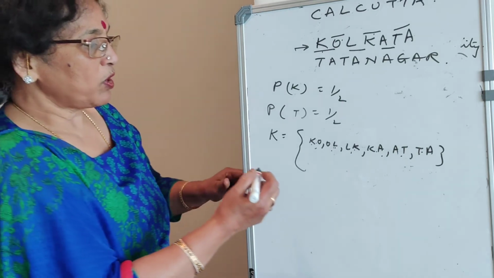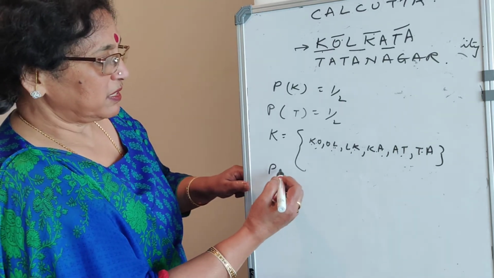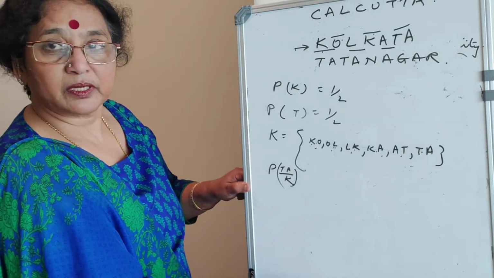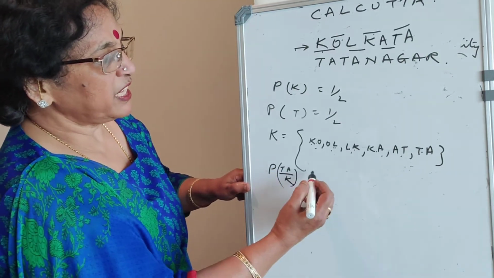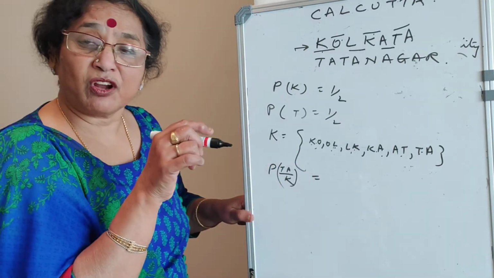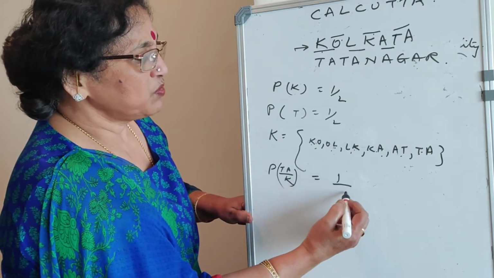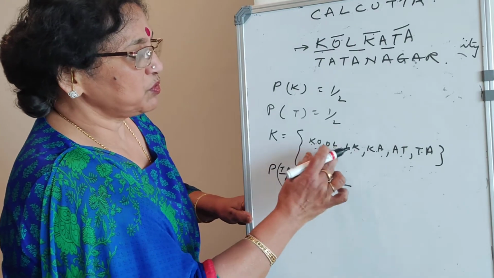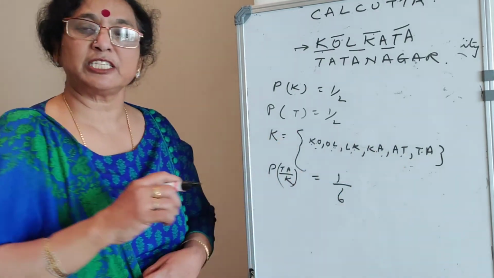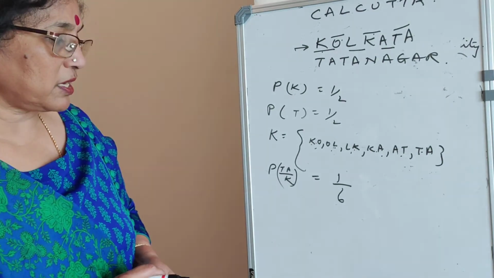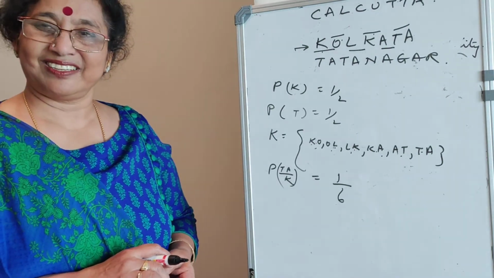Yes or no? So what is the probability that TA is from Kolkata? AT was not left in the letter, TA was left in the letter. So 1 out of 6. From the 6 pairs, TA coming from Kolkata is 1 out of 6.